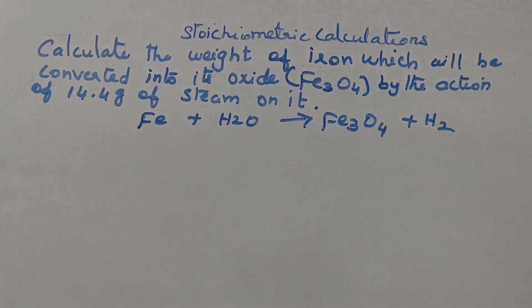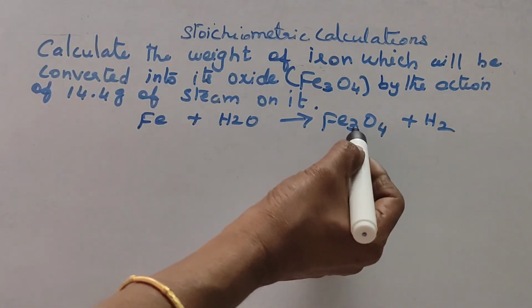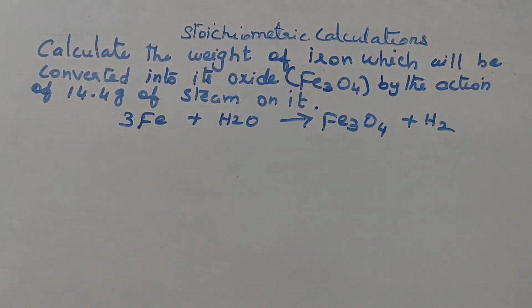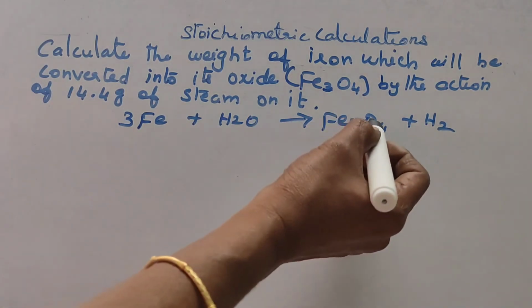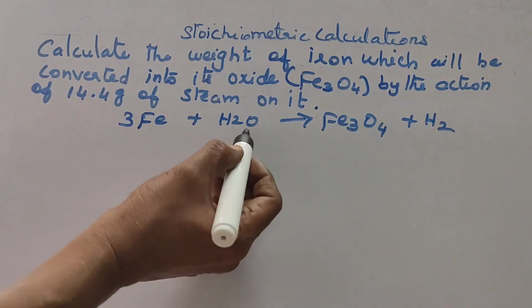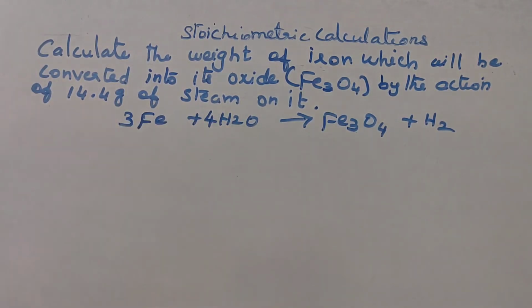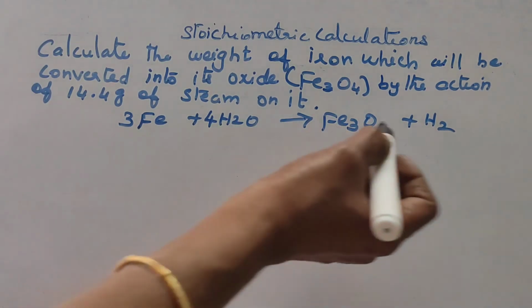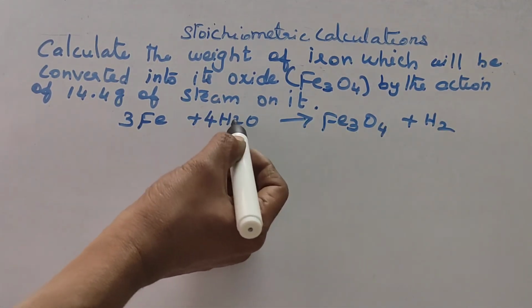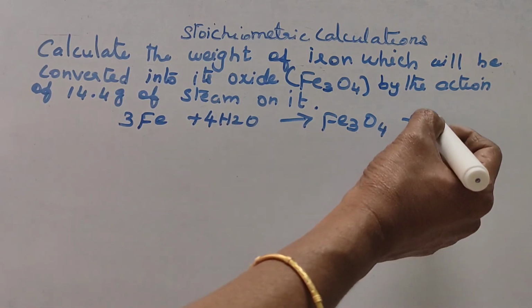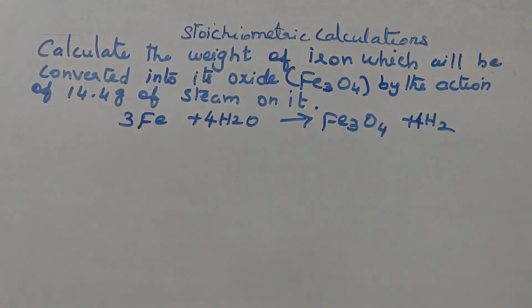Next, let us balance. Here 3 Fe, so here also 3 Fe. Oxygen: here 4 oxygen, here 1 oxygen, so let us write 4. Then hydrogen: here 4 into 2, 8 hydrogen, so here also let us write 4 hydrogen molecules.